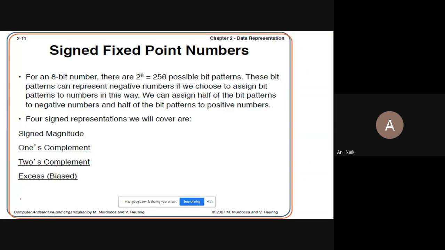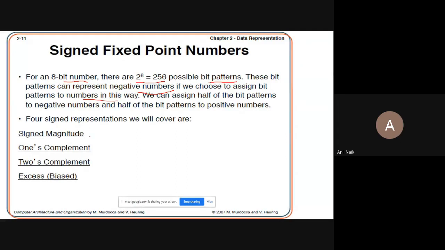For fixed point numbers, for an 8-bit number, there are 2 raised to 8, that is 256, possible bit patterns, and these patterns can represent negative numbers if we choose to assign a bit pattern to the number.